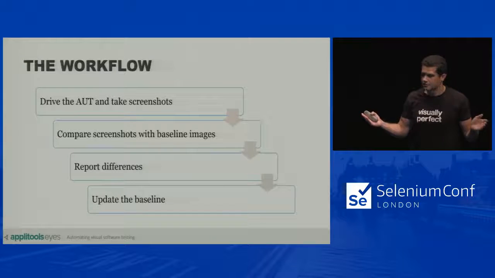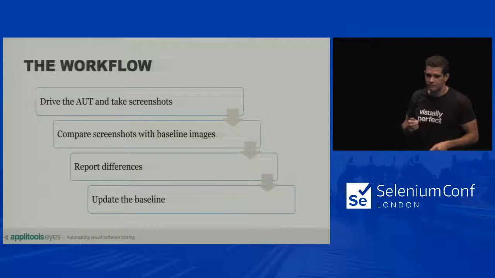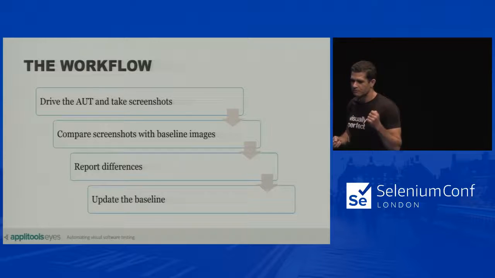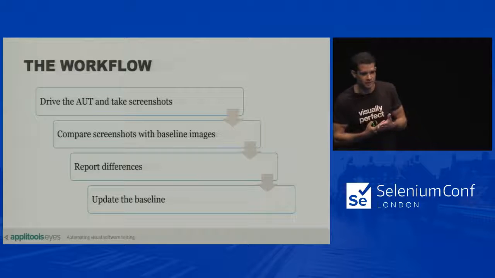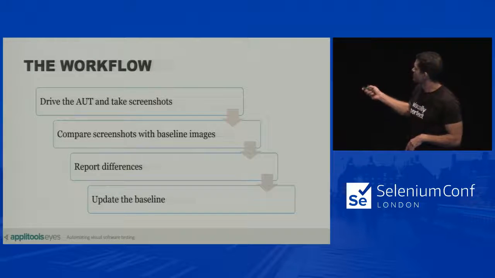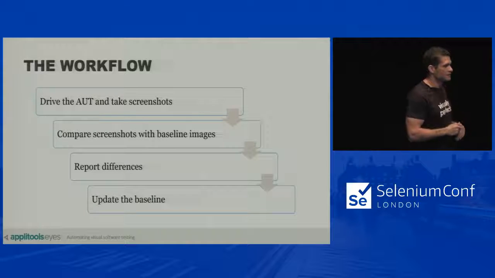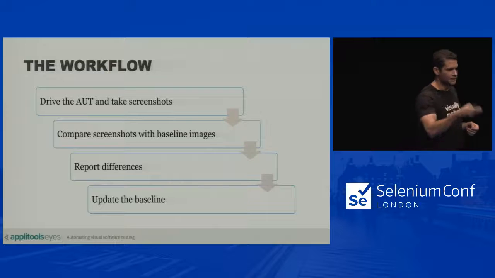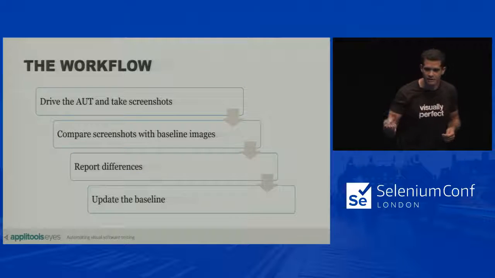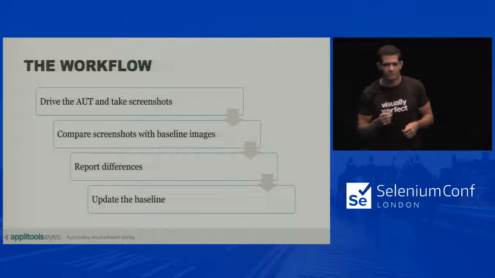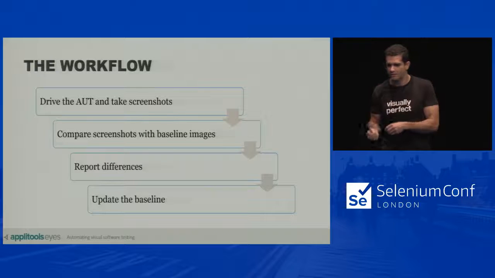Afterwards, when your tests are done running, the tool generates a report that shows you all the screenshots and baseline images and any differences that were found. And then a tester has to look at the report and decide for each change whether it is a bug, in which case he rejects the new screenshots and opens a bug, or if it is a valid change to the application, he simply accepts the new screenshots and they become the baseline images for subsequent runs.